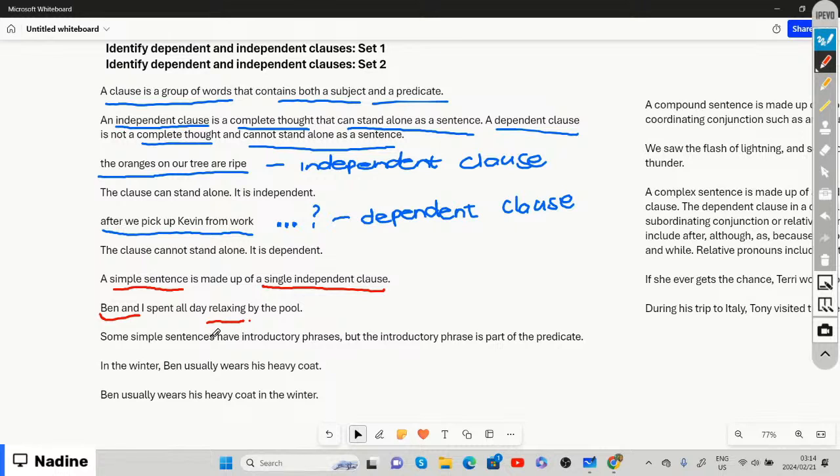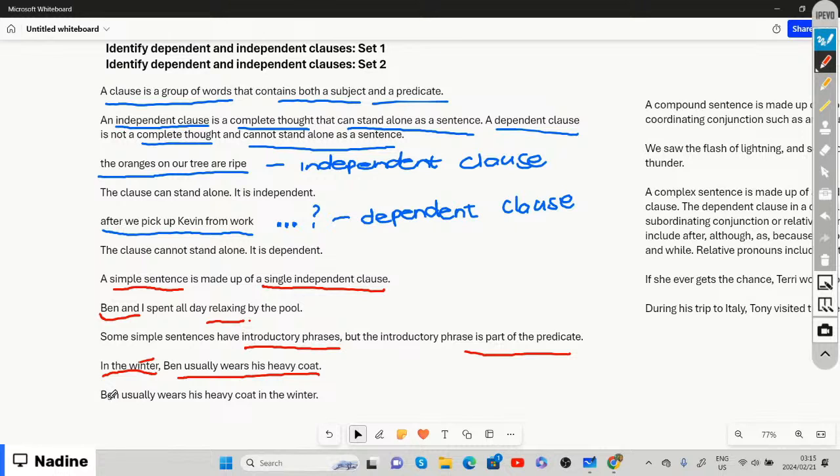And then also some simple sentences have introductory phrases, but the introductory phrase is part of the predicate. For example, in the winter, Ben usually wears his heavy coat.